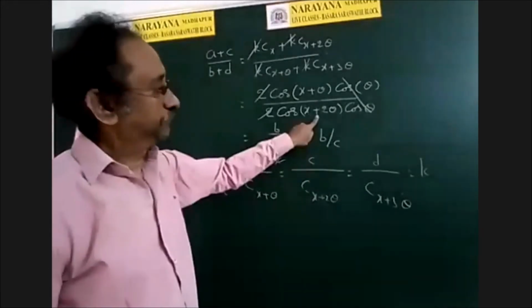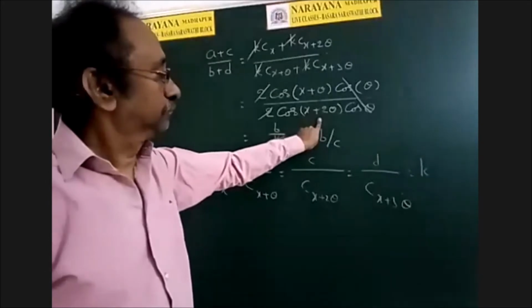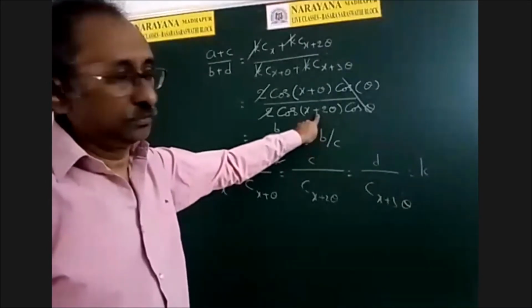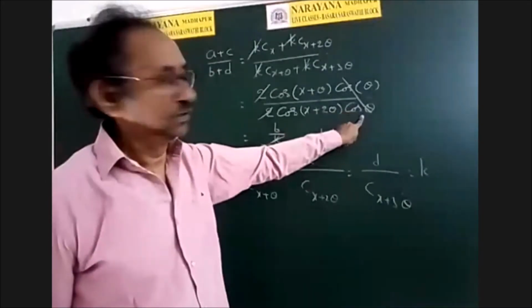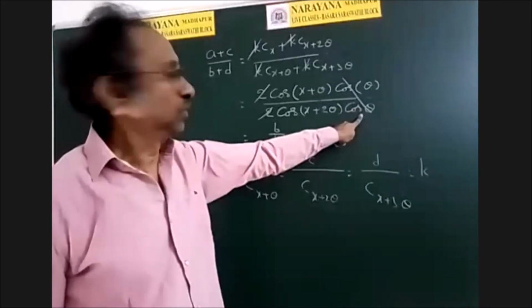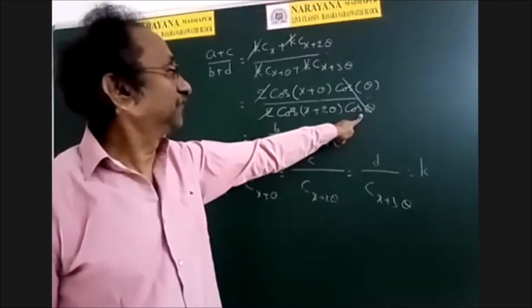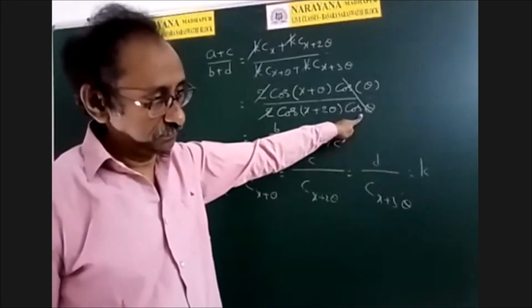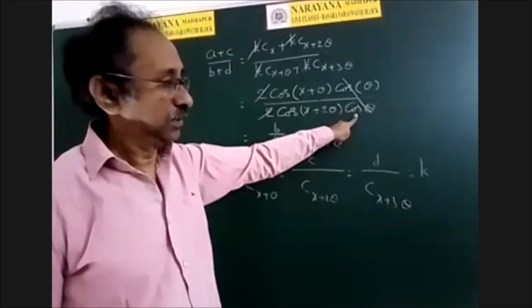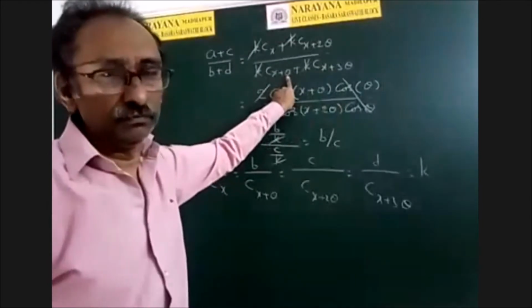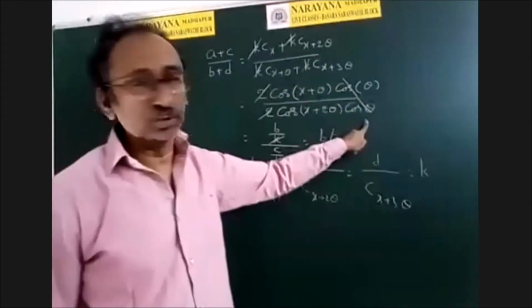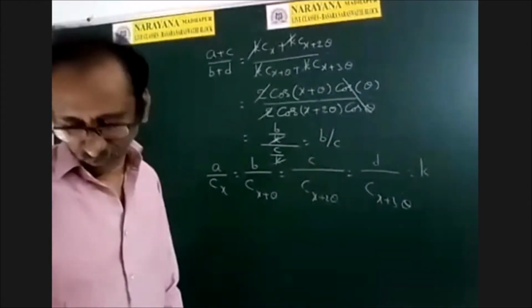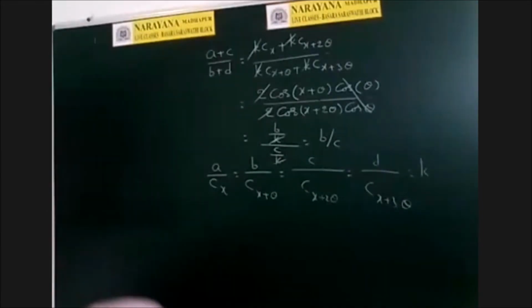This one? Cos of x plus 2. Besides this, sir, cos 2 theta we will get. Yes, tell me the formula. Cos of a plus b by 2 by cos a minus b by 2. What is a minus b? Sorry, sir. 2 theta by 2 is there. Okay, sir. I forgot it.